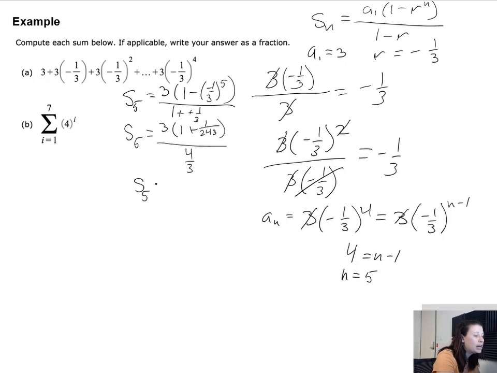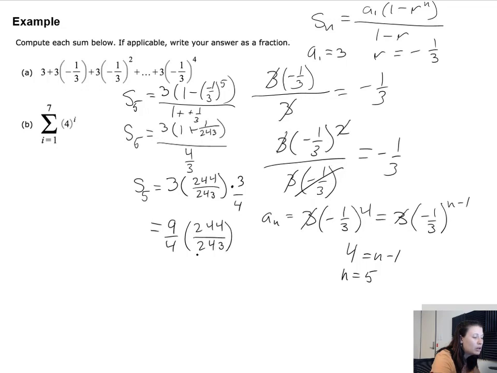So then S5 is equal to 3 times, well, 1 plus 1 over 243, that's 244 over 243, times, let's multiply by the reciprocal, that's 3/4. So then we have 9 over 4 times 244 over 243. This can simplify some before we try to put it in a calculator, or if we don't have a calculator, right?